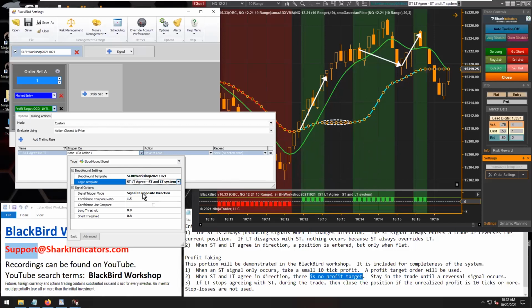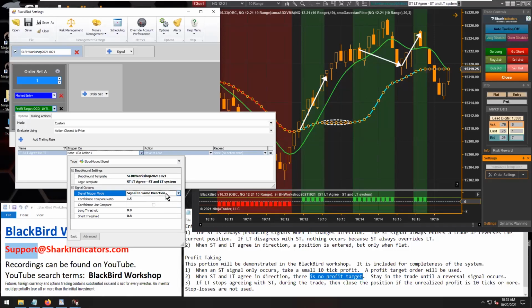So we can see that this output is in the direction of the trade. There are a bunch of long signals here, so there would be a long position open. The signals are not in the opposite direction, but rather the signals are going to be in the same direction as the trade that's currently open.